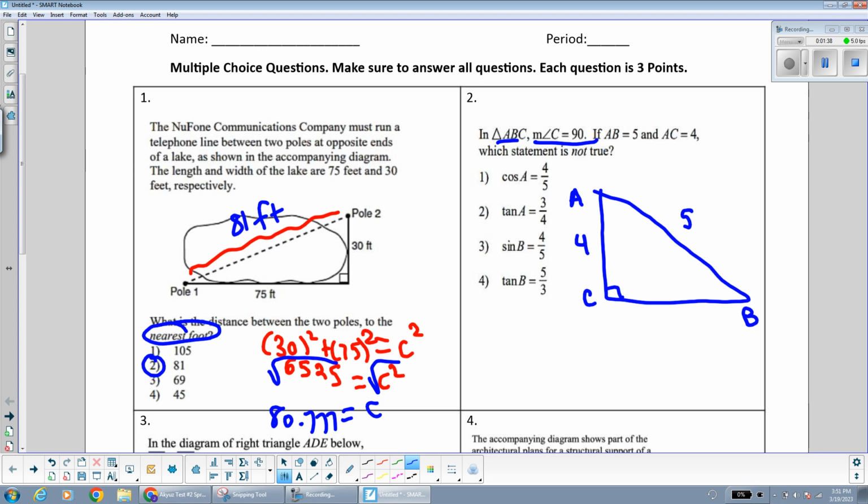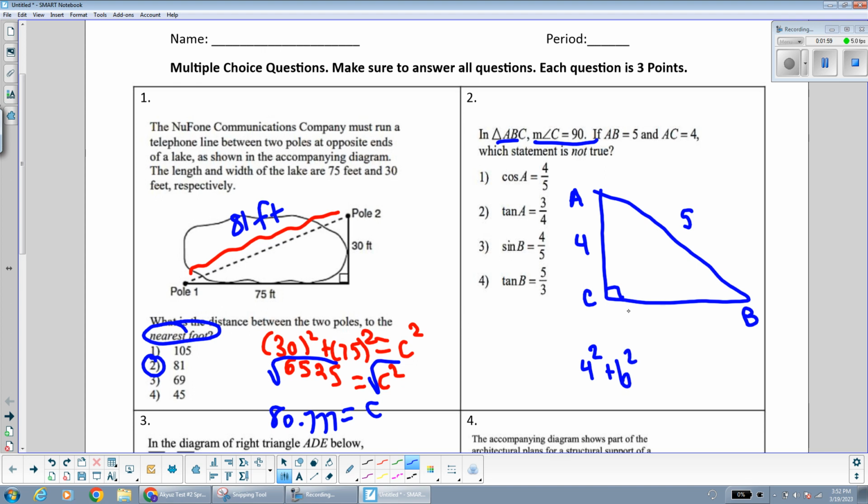So I have two sides of my right triangle, and before I start looking at which is true, the sine, cosine, or tangent ratios in each of the answer choices, I'm just going to find this last side over here in case I need it. So 5 is the hypotenuse. So when I plug into the Pythagorean theorem, let me give myself a little bit more space.